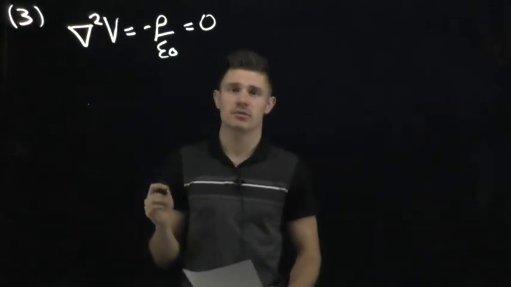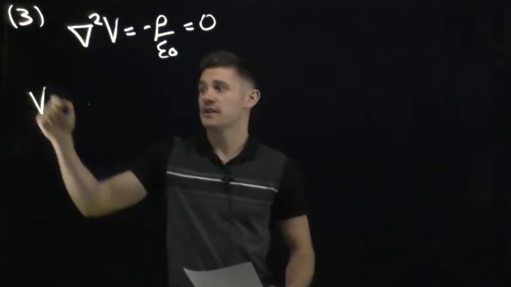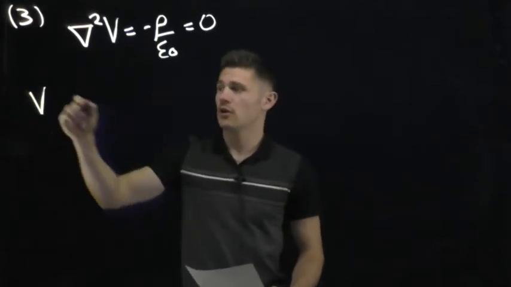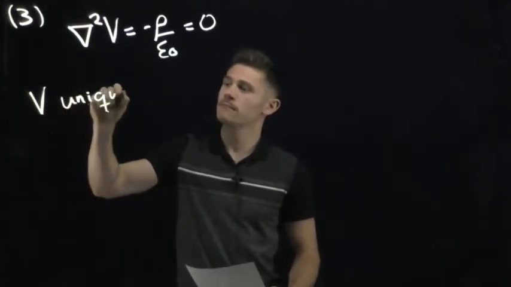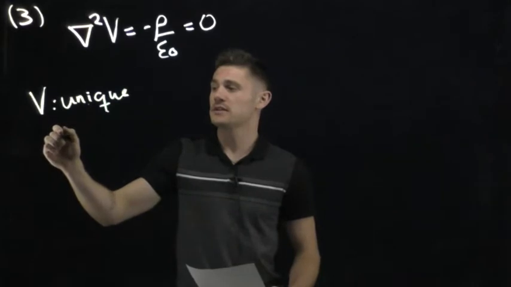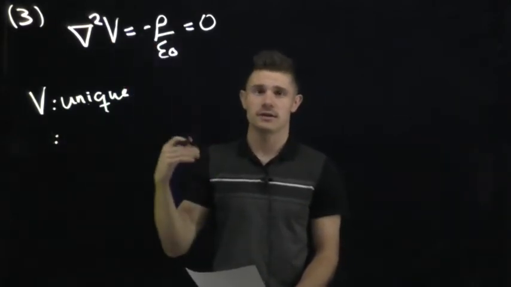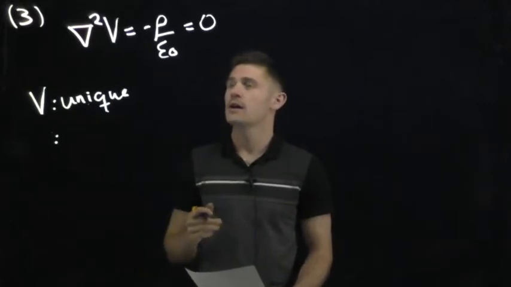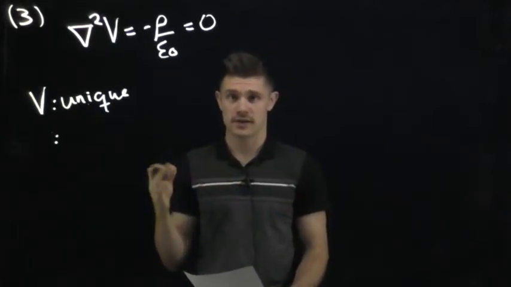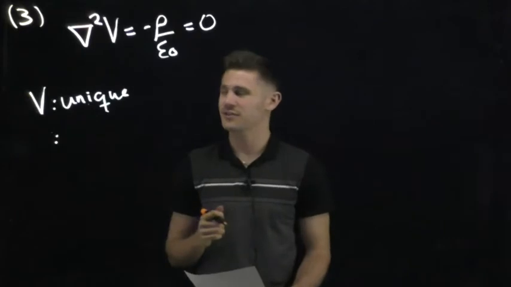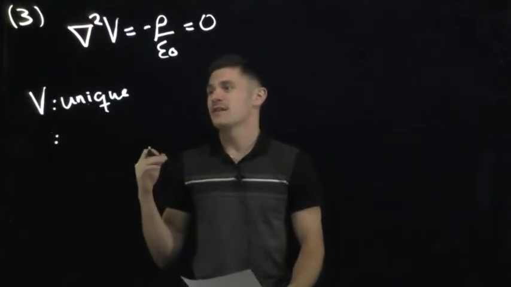Now, the potentials that solve Laplace's equation are unique. As we know from the uniqueness theorem, if there's one potential that satisfies this equation and solves the boundary conditions, then that will be the only potential that does so.